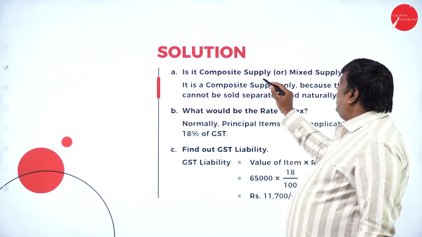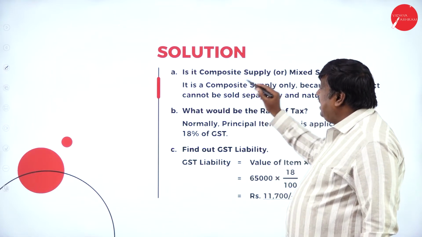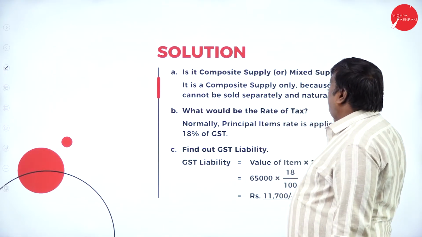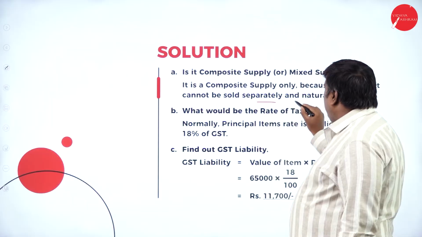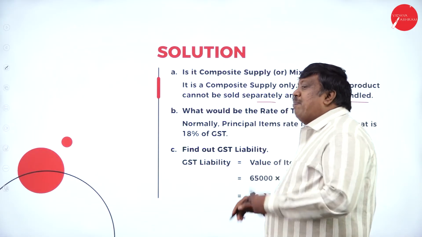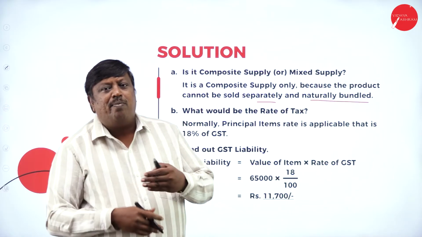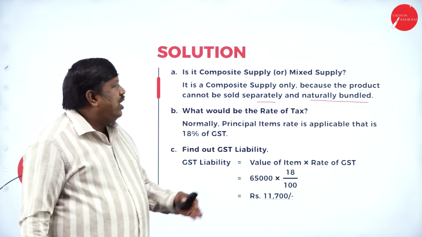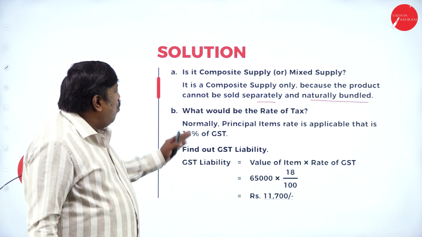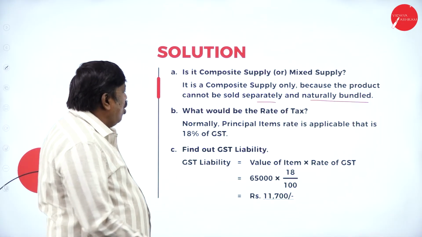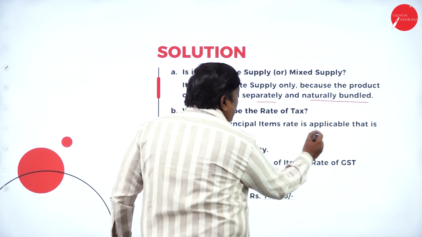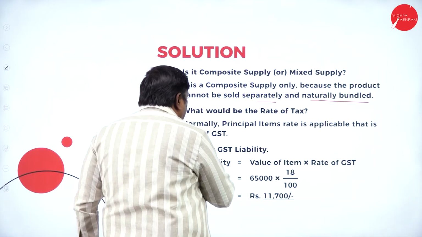Is it a composite supply or mixed supply? It is a composite supply only because the products cannot be sold separately and naturally they will be bundled. Laptop as well as laptop bag, both will be bundled. So it is called composite supply. What would be the rate of tax? Normally, the principal item's rate is applicable for the GST.